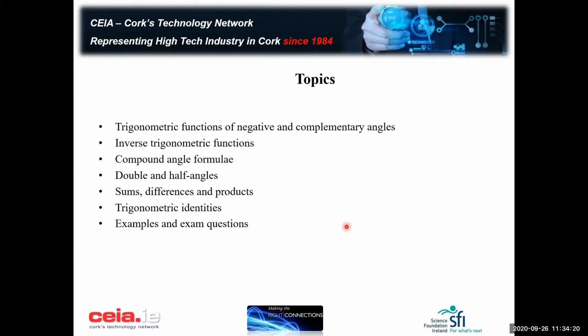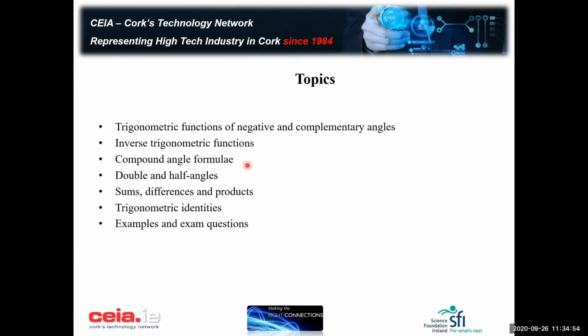Right, so we're going to cover the remainder of the trigonometry course today. So we'll start with the functions of negative and complementary angles, and then the inverse trig functions. And then we're going to go through derivations and uses of the various formulae that you'll find. There are 2 pages in the log tables that you should familiarize yourselves with.